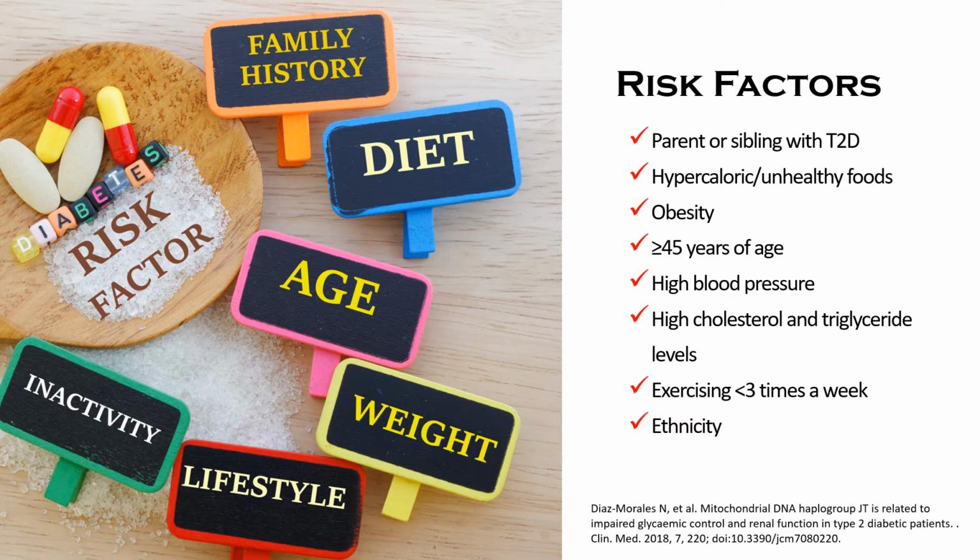Some of these risk factors, as you can see, are modifiable, and patients have certain level of control over them. For example, patients can modify their diet, lifestyle, amount of exercise, etc. However, there are risk factors that we cannot modify at will, such as family history, age, or ethnicity.